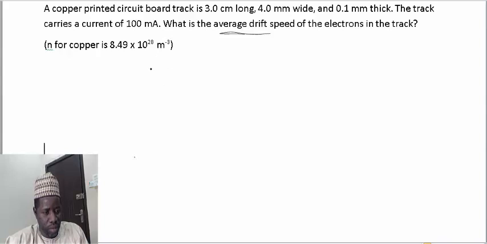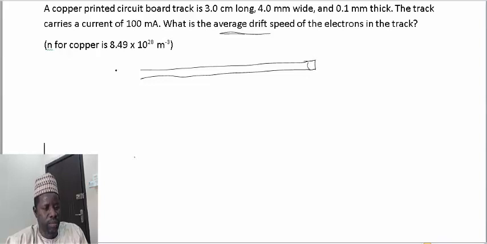So if we can sketch the track here, this is a track in an exaggerated form. This is a track, and the track has a rectangular face here. This is rectangular.